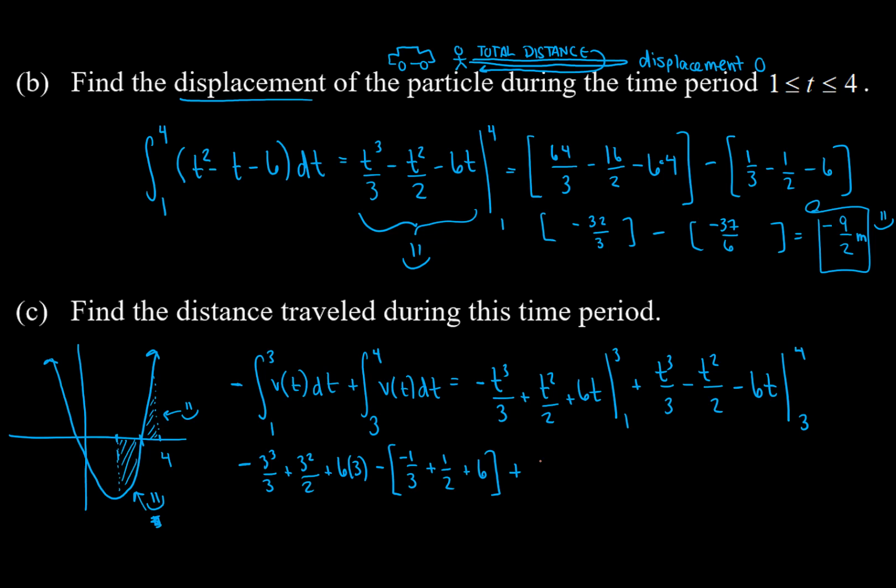We did 4 earlier, we know that was negative 32 thirds. And then we're going to subtract from it. All right, and after much deliberation, you end up with 61 over 6, or just 10.17 meters. And that's your total distance.